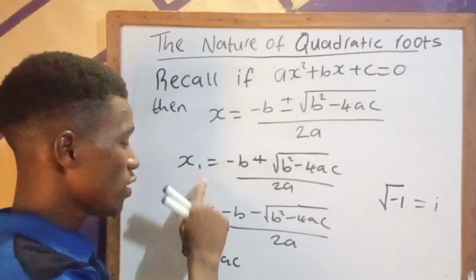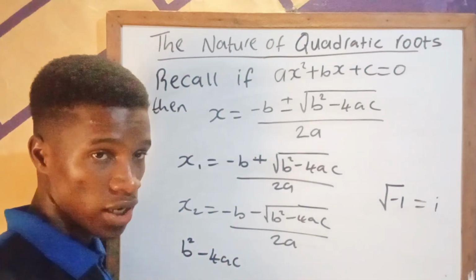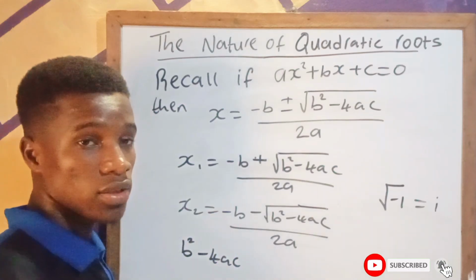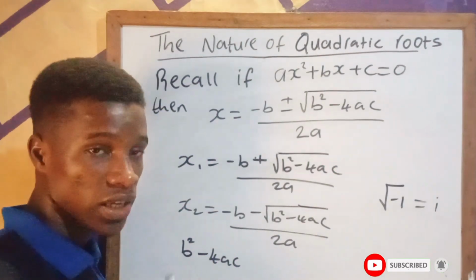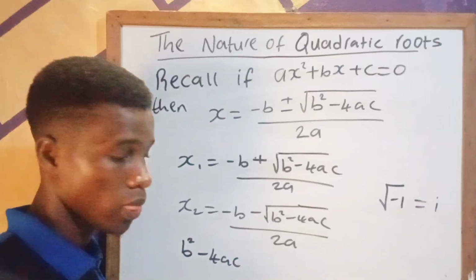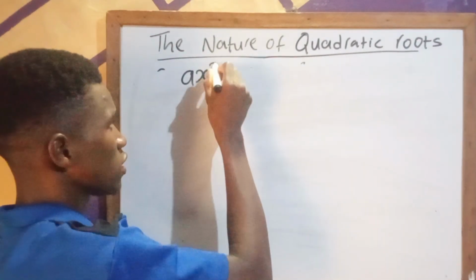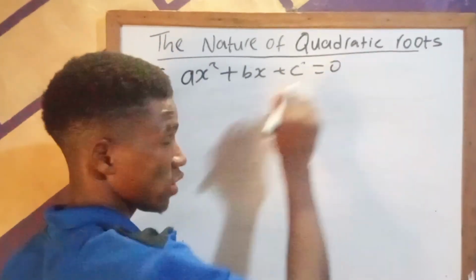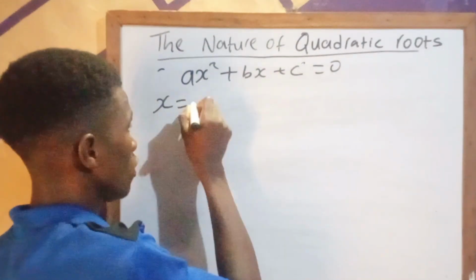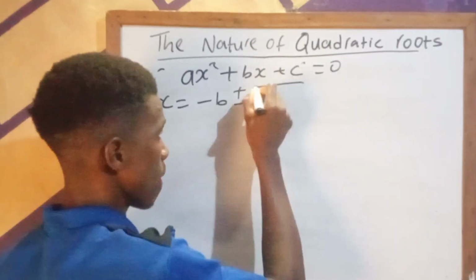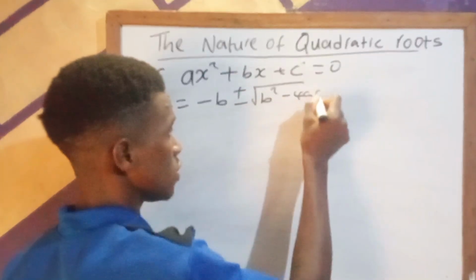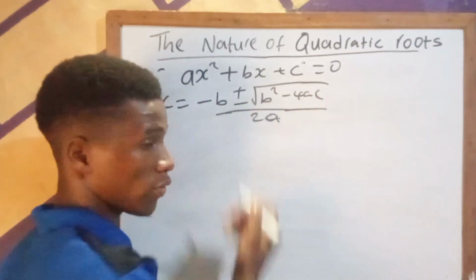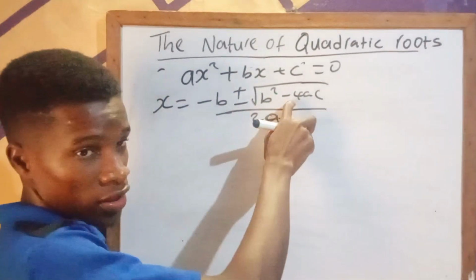Now remember, these are the solutions of the quadratic equation. This is the first solution, this is the second solution. So let's see how the discriminant actually affects the solutions of the quadratic equation. We say that if we have our quadratic equation like this, ax squared plus bx plus c equals 0, then this is the solution, minus b plus or minus square root of b squared minus 4ac over 2a. Now, like we have said before, this is called the discriminant.